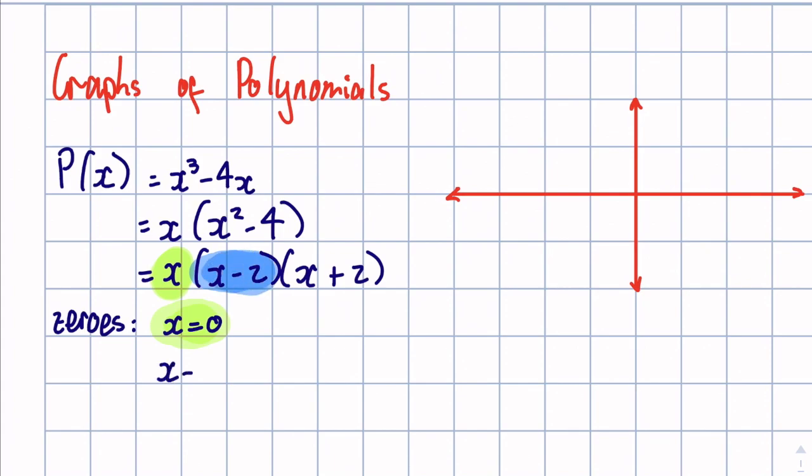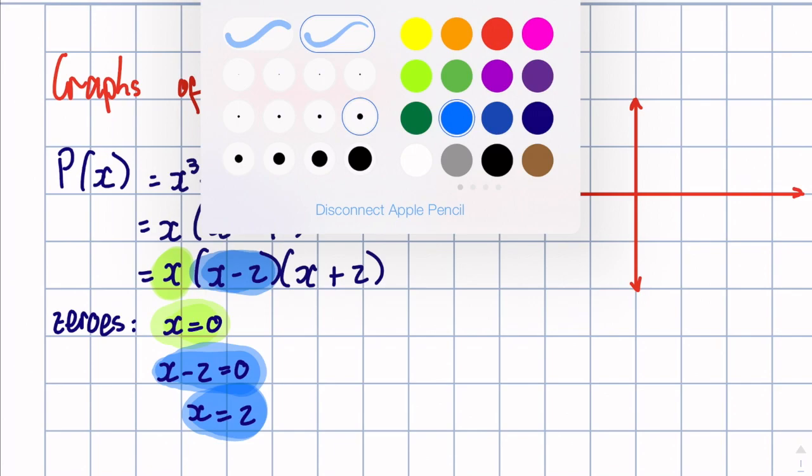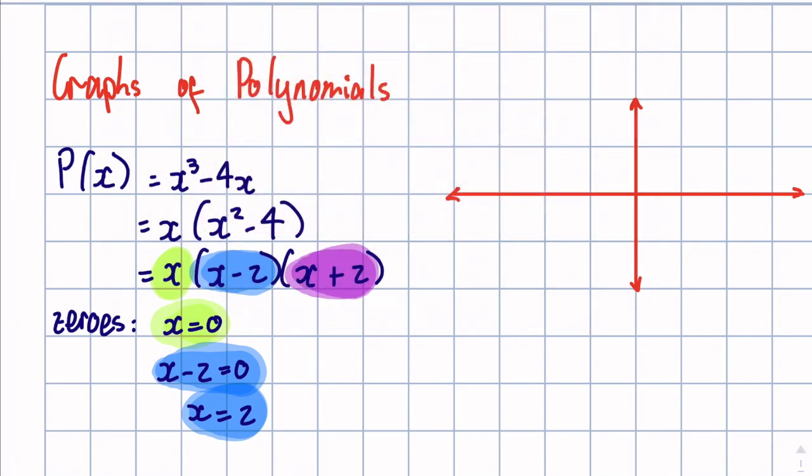So x take 2 equals 0, x equals positive 2. And you don't have to write that step out, by the way. And we've got this one, x plus 2 equals 0, so x equals minus 2. So there are our three zeros.